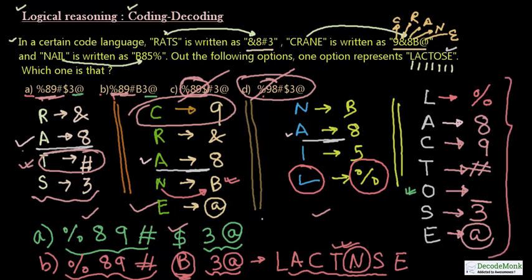So if one of these options represents lactose, then definitely B should not be the right answer. Then we are left with option A only.